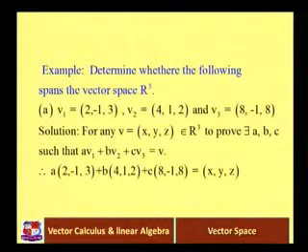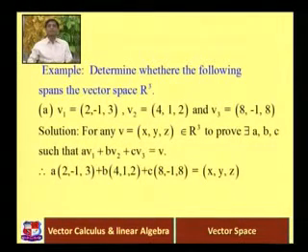If we can find such constants a, b, c, then we can say that the given 3 vectors span R3, otherwise they do not span R3. So here we start from any (x, y, z) belonging to R3 to check, not to prove, that there exist a, b, c such that a v1 plus b v2 plus c v3 is equal to v.